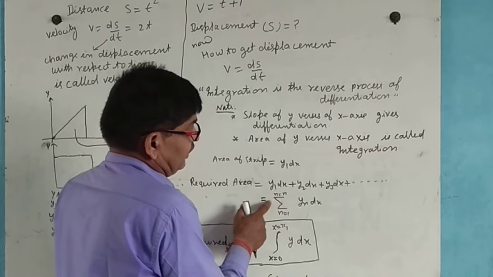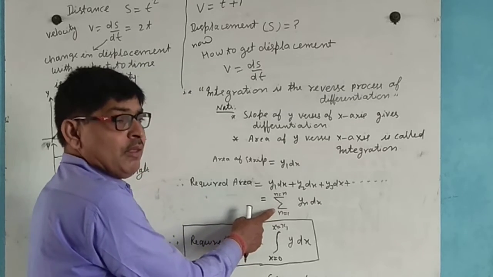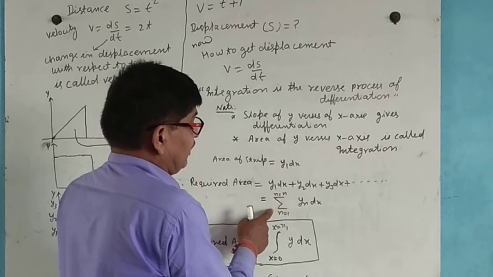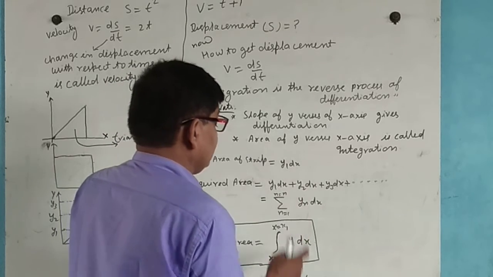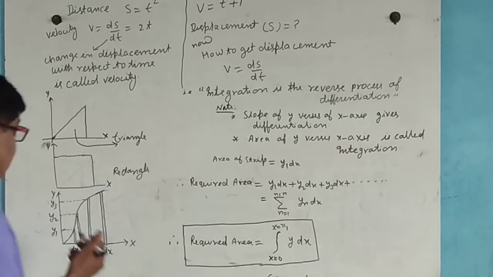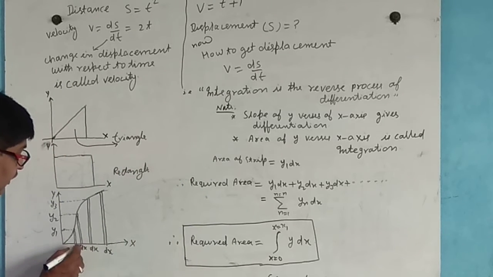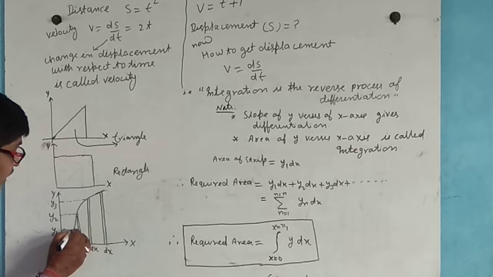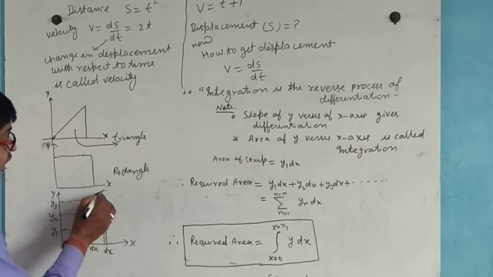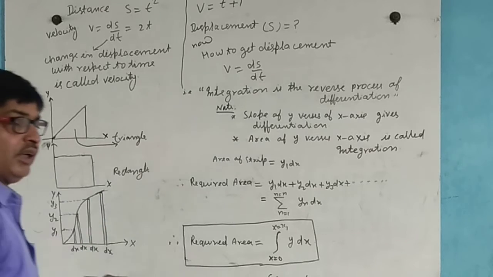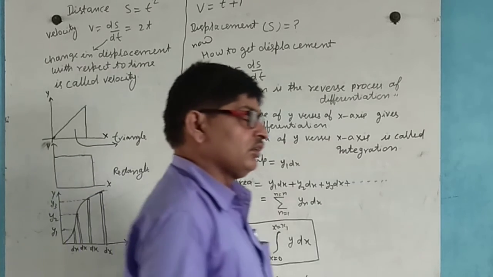This notation is the summation, generally used as the sum from n equal to 1 to n of yn dx. But in this case, when we take the strip dx, some area remains here, here also, and here also.